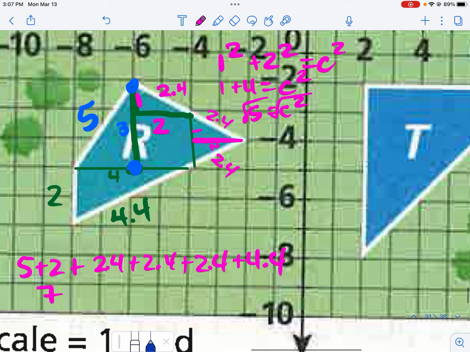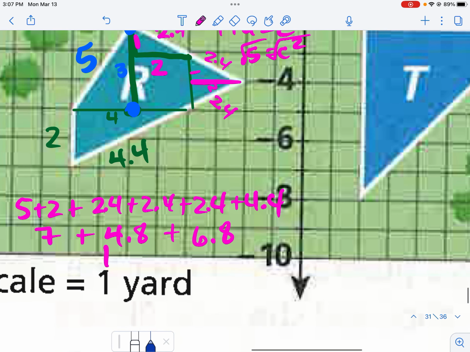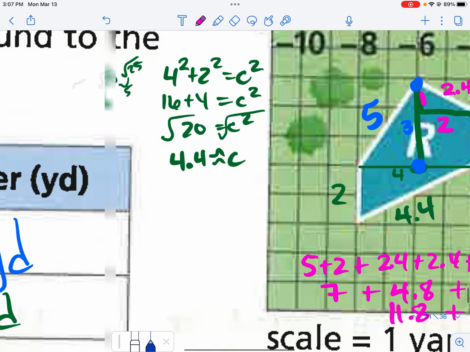So that's 7 plus 4.8 plus 6.8. So then that's 11.8 plus 6.8. So 18.6.